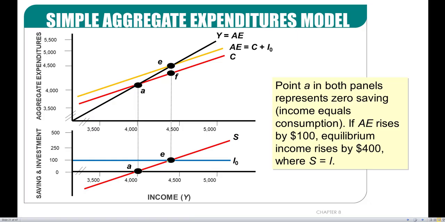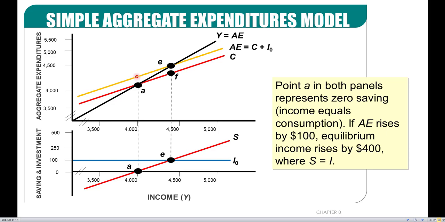So know this transition. The transition is going to be very important because it tells us exactly how we shift from point A to point E, exactly what happens when we add more variables into our aggregate expenditures model. And with all of this, one thing that I'm going to leave you to ponder a little bit is, when we shifted from point A to point E, we added in $100 of investment.